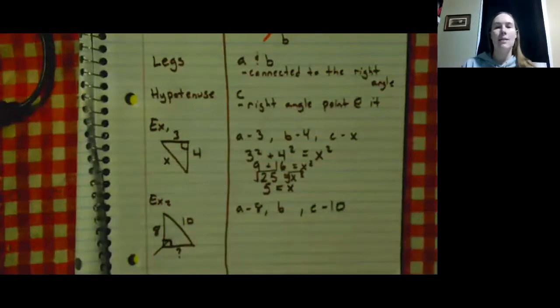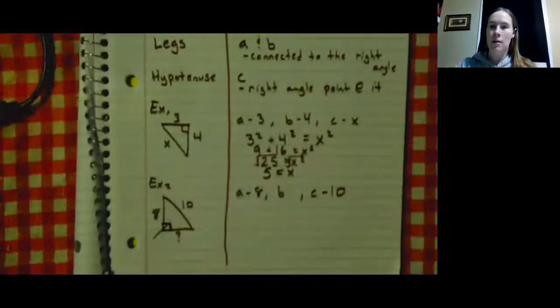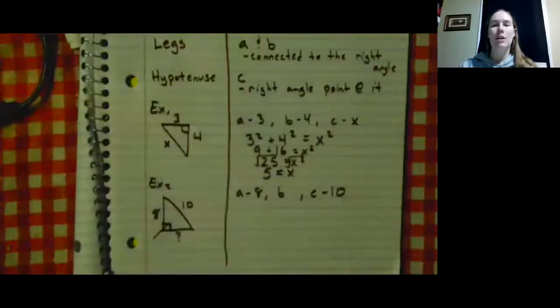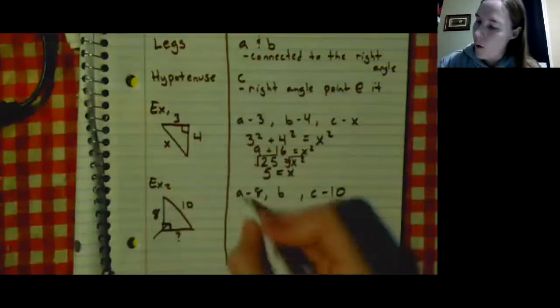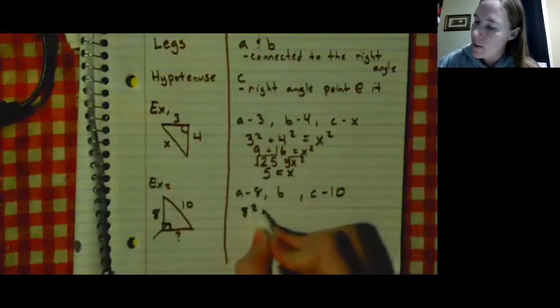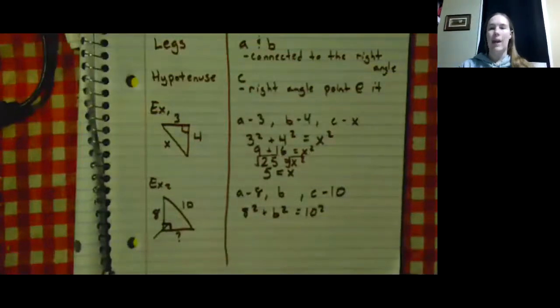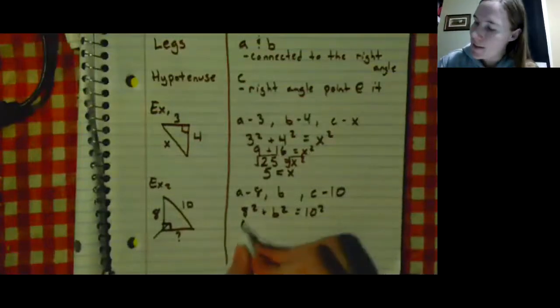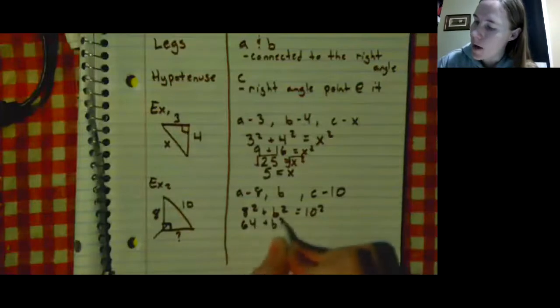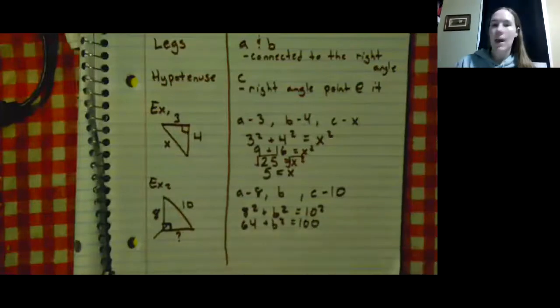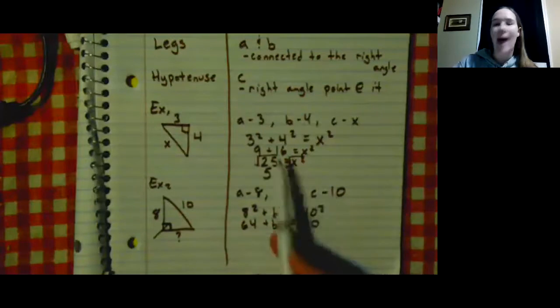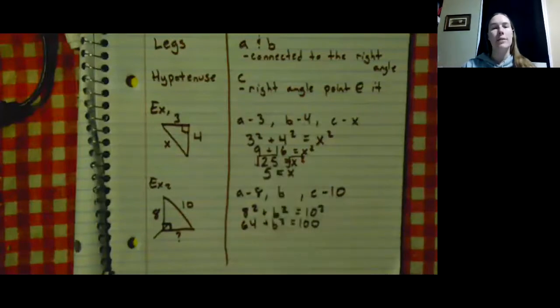And I plug it into that equation and I solve again. So the Pythagorean theorem is a lot of just plugging in and solving. So I have 8 squared plus b squared equals 10 squared just by plugging in. So I have 64 plus b squared equals 100. In our last equation, we could just add them because they're on the same side of the equal sign.